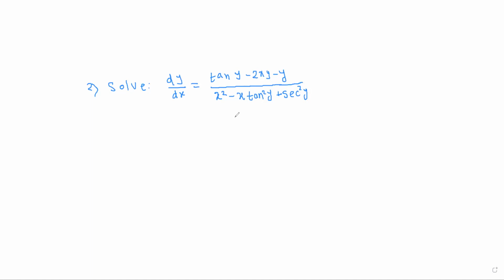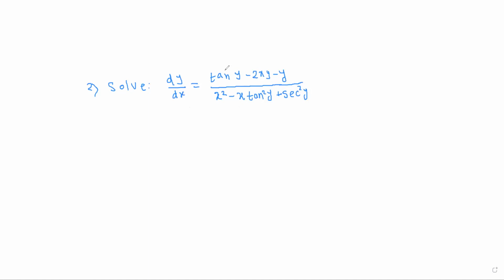Now, firstly, you can observe in this example that we haven't been given it in the form M dx plus N dy equals 0. So firstly, it's easy for us to convert it into M dx plus N dy. For that, cross multiply and take both the terms on the same side.